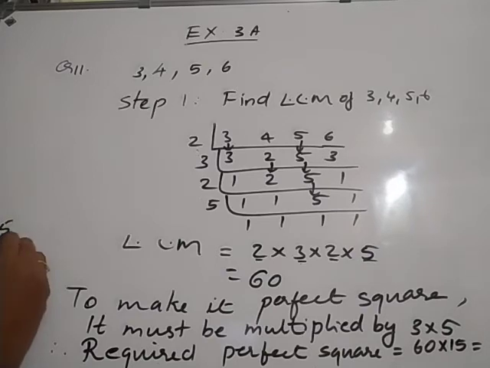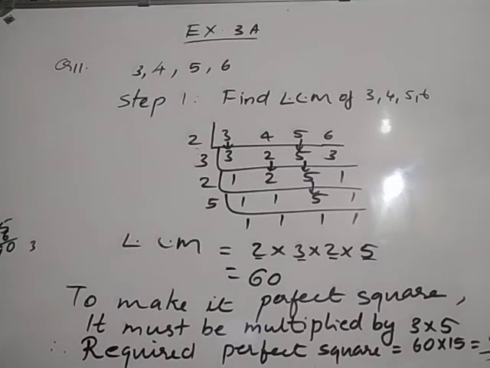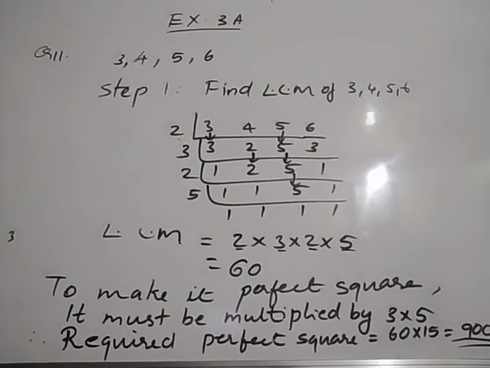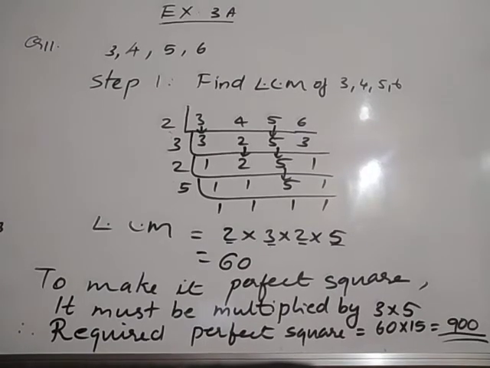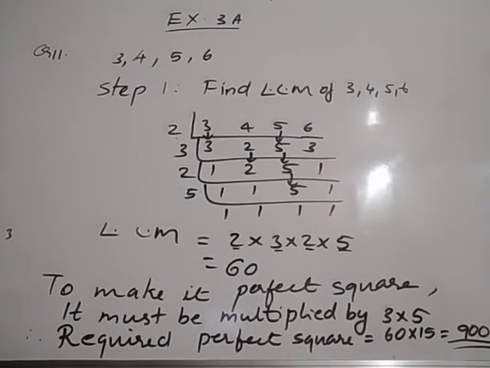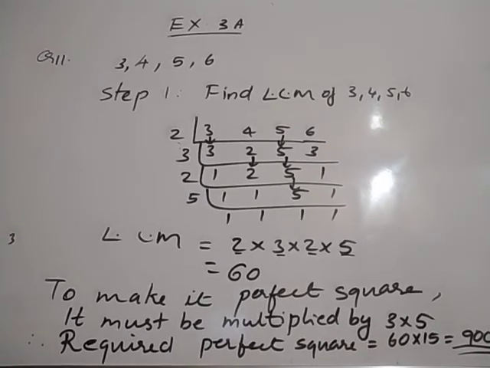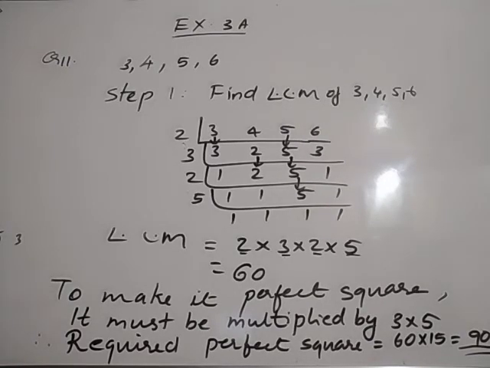Multiply that. It's 900. Understood the problem? Okay. So in this way we can solve this type of questions to find a particular perfect square number. You have to solve like this. It is 900.